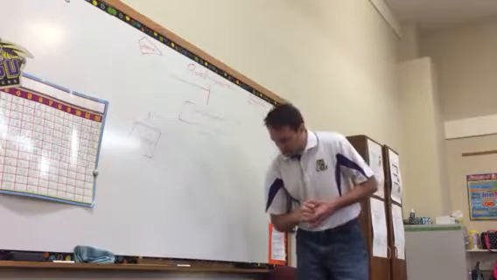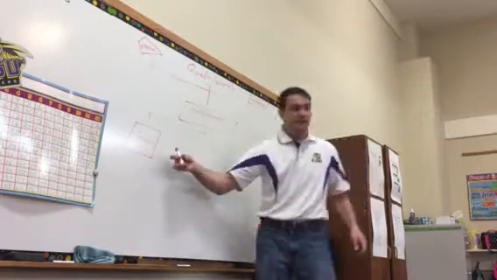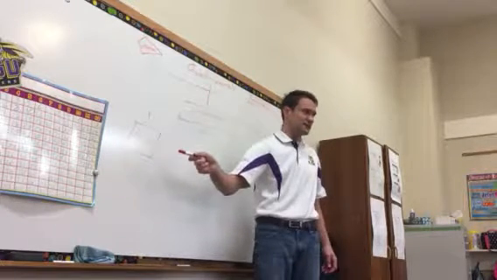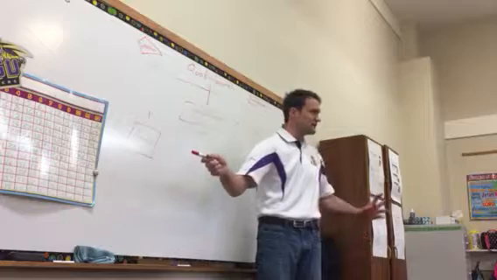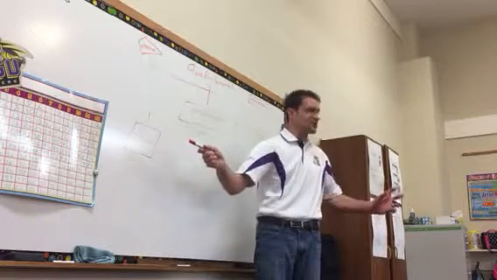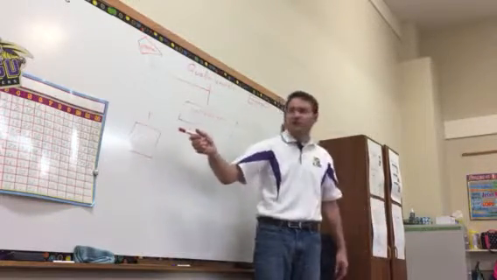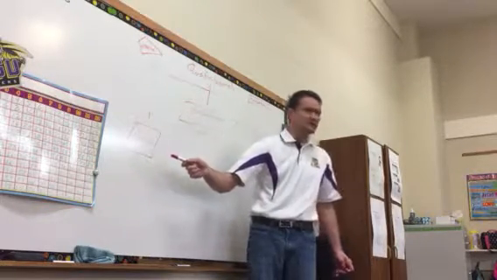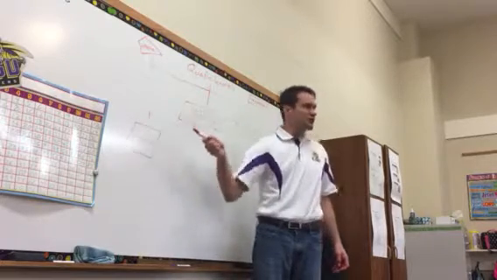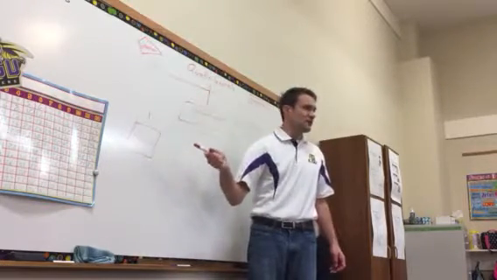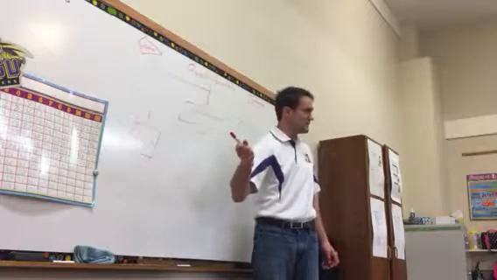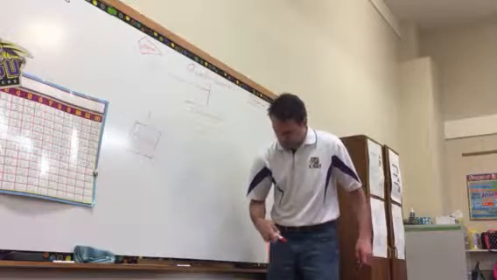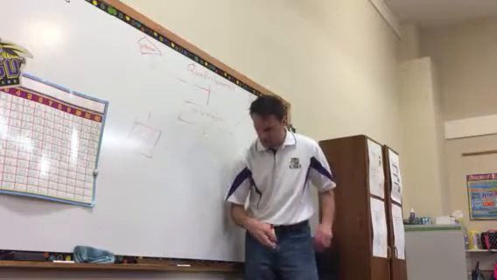This is a kind of parallelogram, right? Why is it a type of parallelogram? Okay, Lucy? It has two pairs of parallel sides. But this one is unique, and if I drew it right, it's got all equal sides. All the sides are the same length. So that is a type of parallelogram. That is a rhombus.